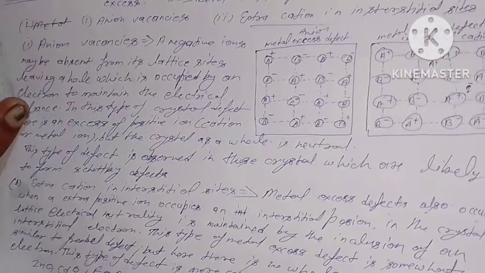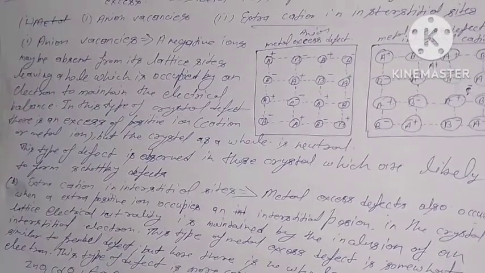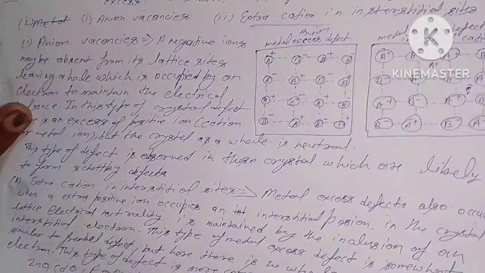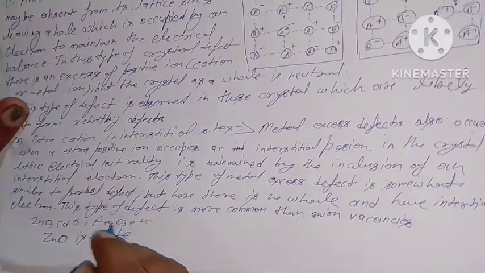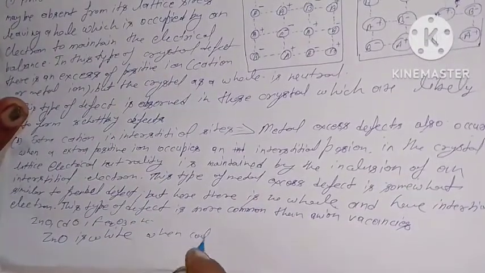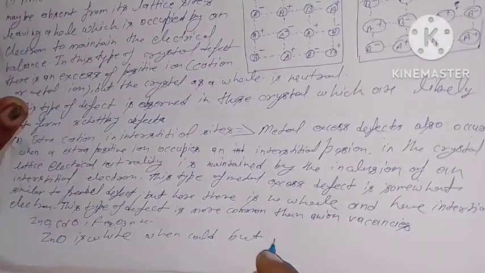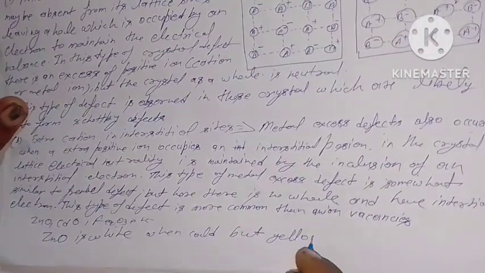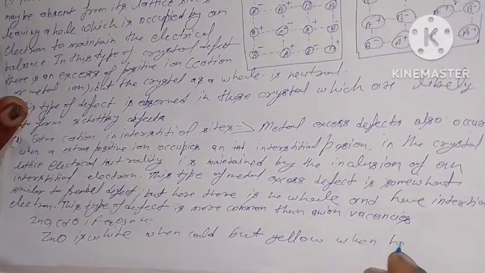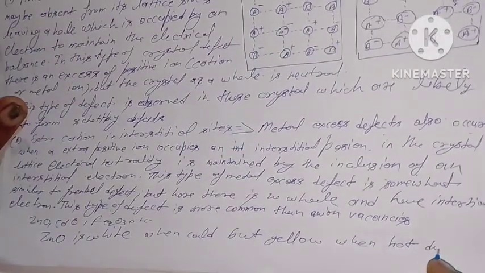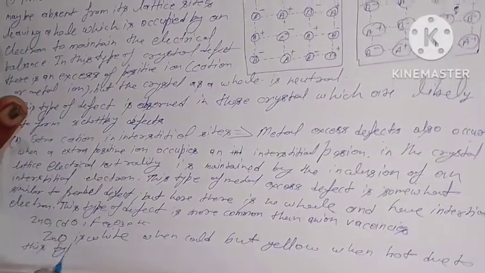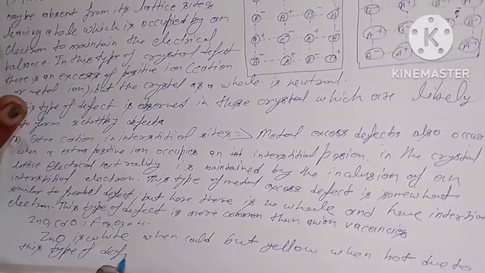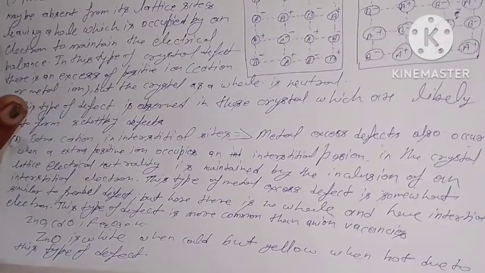Zinc oxide is white when cold, but yellow when hot due to this type of defect. The color is due to non-stoichiometry.